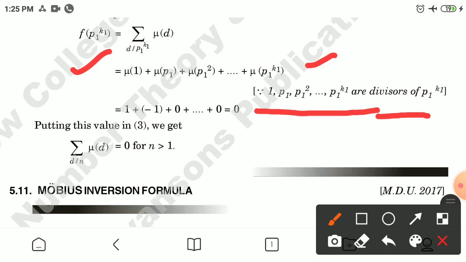Using the definition of the Mobius function, mu(1) gives 1, mu(p1) is -1, and the other terms become 0, therefore the value becomes 0. Now putting this value in the third, the total value is 0 for n greater than 1.